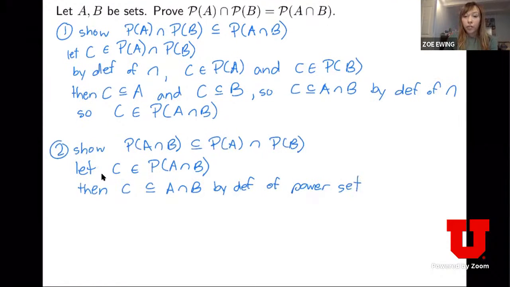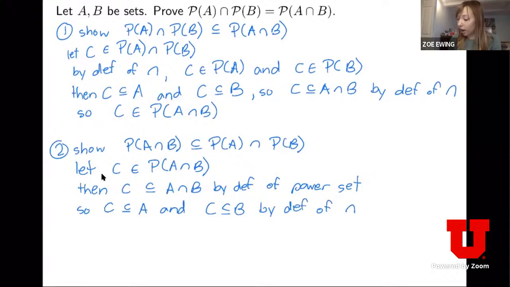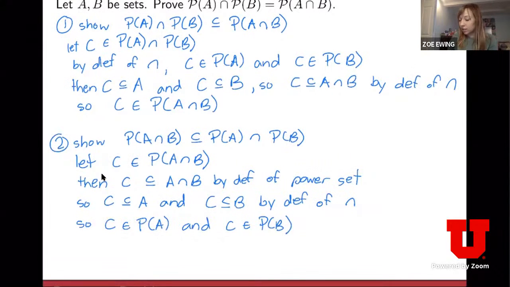All right, now we've got that C is a subset of A intersect with B. So C is also a subset of A and C is a subset of B by definition of intersection. And now we can go to the power set. So C is in the power set of A, and C is in the power set of B. And here's our last step.